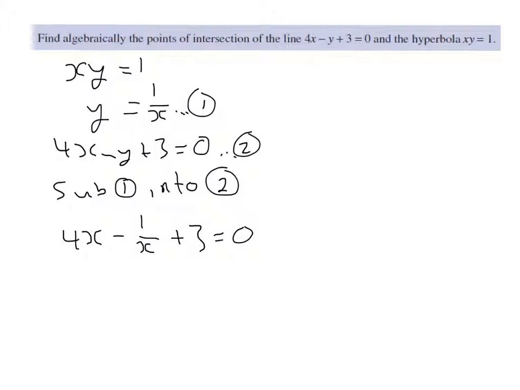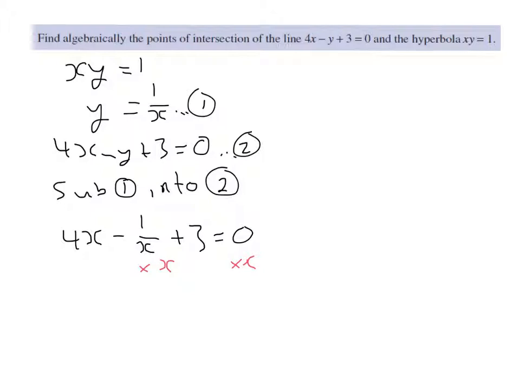Typically what we need to do is solve this equation and find the value for x that makes this equation true. For the purpose of this problem, I can multiply both the left-hand side and right-hand side by x.